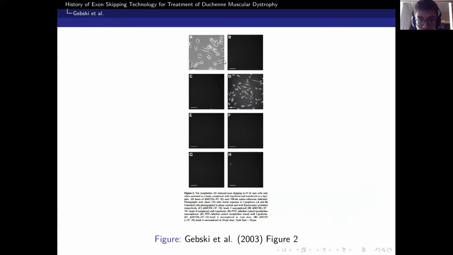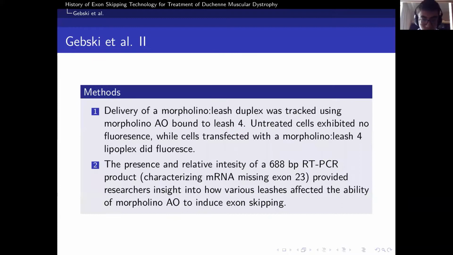In this example, if we take a look at D, this is the AO with the leash 4 that I mentioned earlier, and we see that there is this fluorescence, so we can see that it's been delivered. And in the other cases, these are the controls that did not show the delivery.